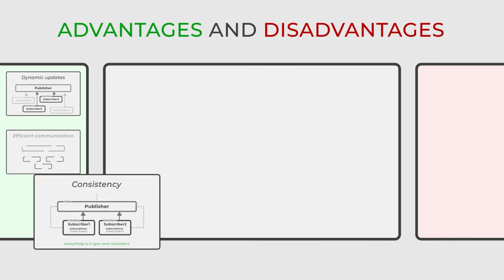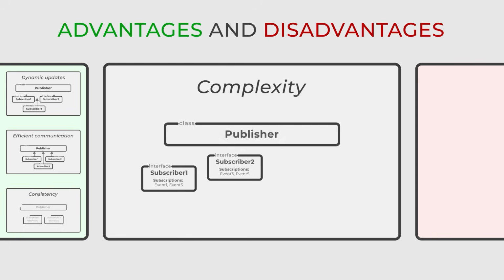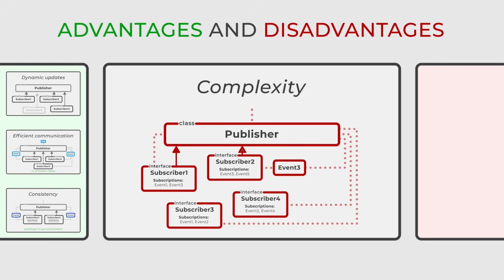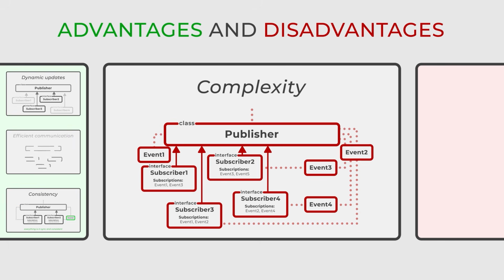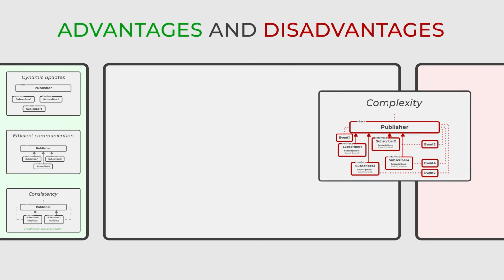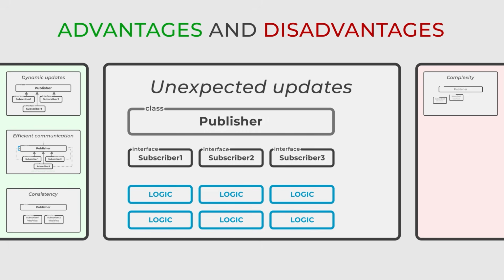However, there are also disadvantages to consider. Implementing the observer pattern can introduce additional complexity to a system, particularly when there are many observers to manage and their interactions become intricate. This complexity can make the system harder to understand and maintain. Furthermore, if observers are used excessively or the subject's state changes frequently, it can lead to unexpected updates and cascading changes throughout the system.